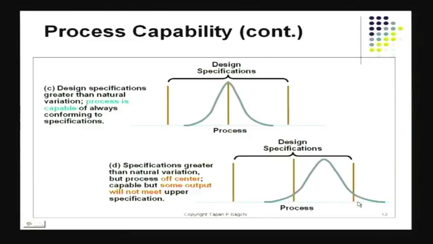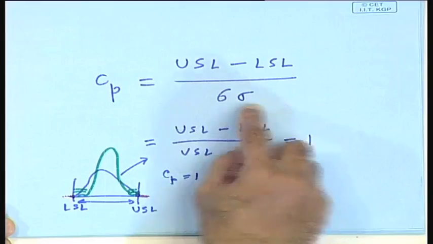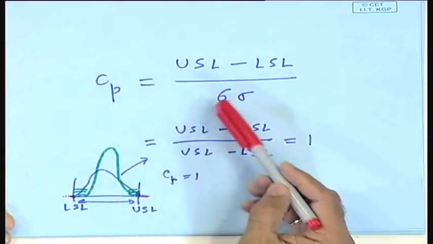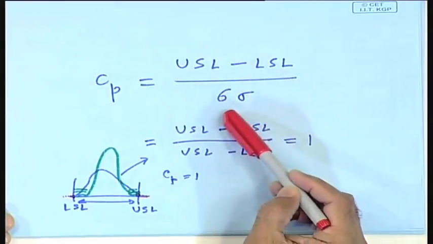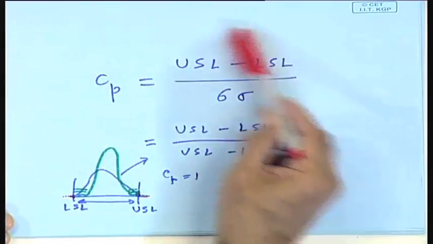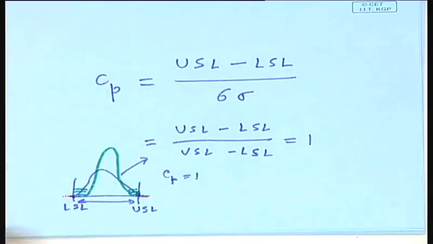What we have to then do is, first of all, look at the old measure of Cp, which I showed here. I used a formula that was upper spec limit minus lower spec limit divided by 6 sigma. Notice this formula does not incorporate the target anywhere.